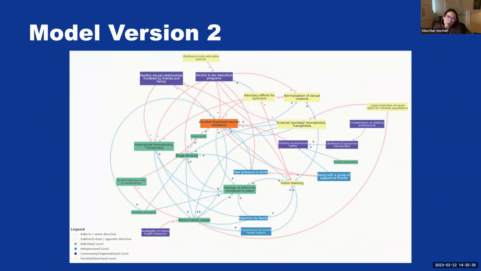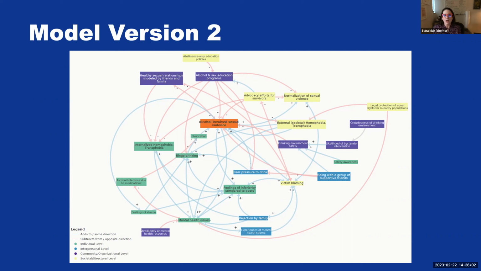The different coloring here shows that they were thinking about important variables at the individual, interpersonal, community, organizational, as well as structural, societal levels, with these different color codes and the feedback loops between them. There were some things I was very unsurprised to see come up, that one would expect. There were some things that none of us were expecting this group to bring up.